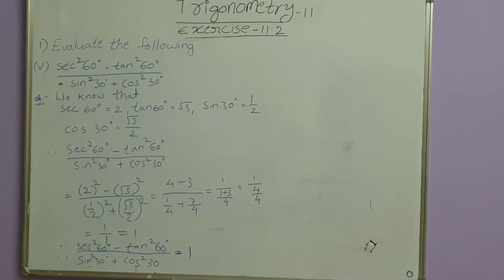In this fifth one, sec square 60 degrees minus tan square 60 degrees by sin square 30 degrees plus cos square 30 degrees. We know these values. Sec 60 degrees is 2 and tan 60 degrees is root 3, sin 30 degrees is 1 by 2 and cos 30 degrees is root 3 by 2.